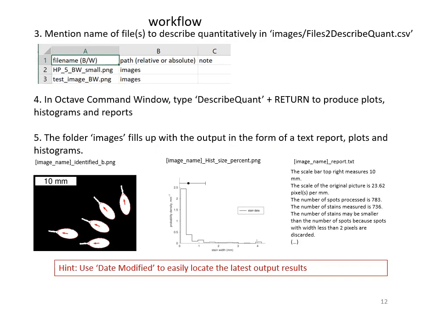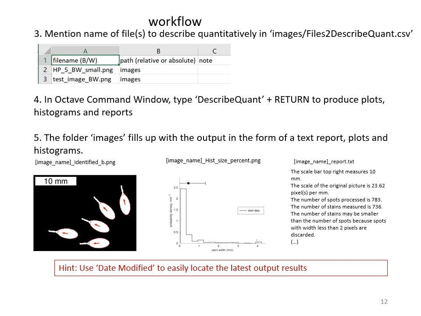The next step of the workflow is to describe quantitatively those files by making plots and histograms. First you fill in another spreadsheet the names of the files that you want to describe quantitatively, and again you can have as many files as you want. They will be described sequentially.